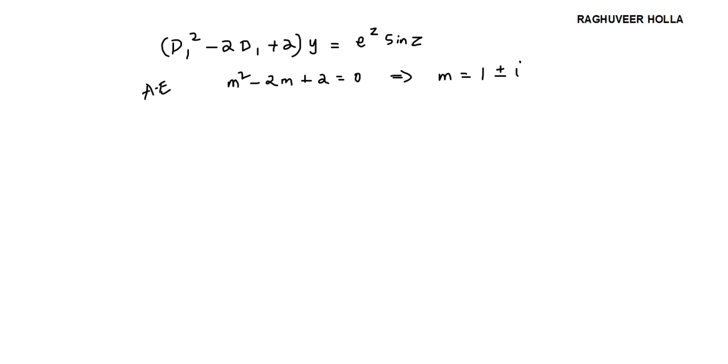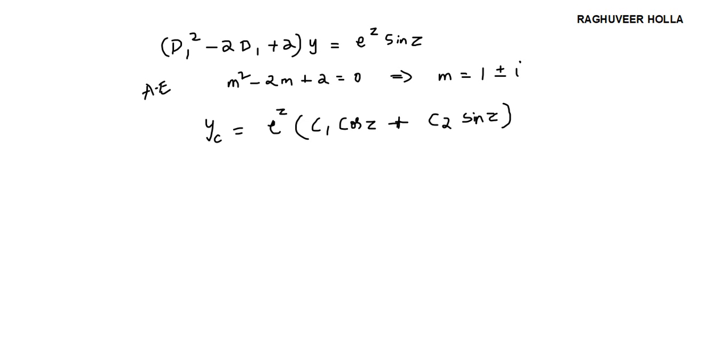So the complementary function, which is yc, is equal to e to the power of z multiplied by (c1 cos z plus c2 sine z), in terms of z. Let us close the brackets.